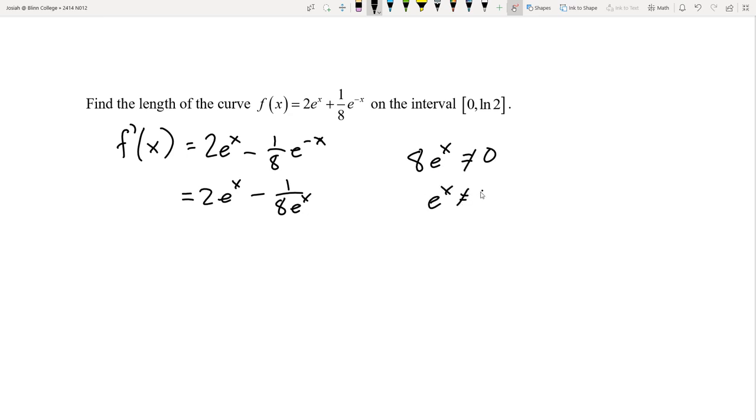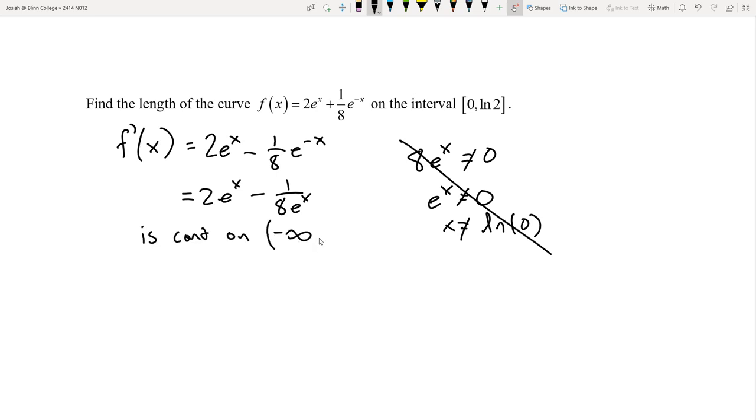Well, when do we have e to the x equal to 0? That doesn't really happen, but just for further examination, this would happen if we swap this to a logarithm. If x was equal to the natural log of 0, which is negative infinity, that's not a value we can use. So this guy is continuous everywhere.